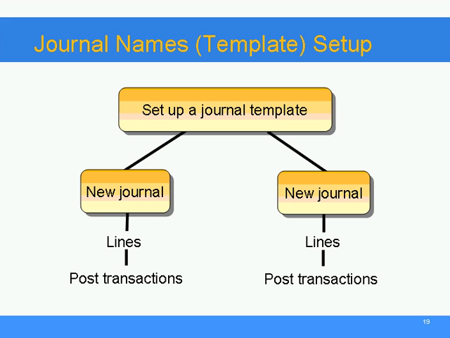So before using journals, we need to set up journal names. They are the same as templates, and we use this journal name or template for creating a new journal.